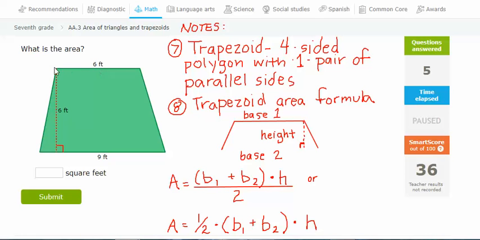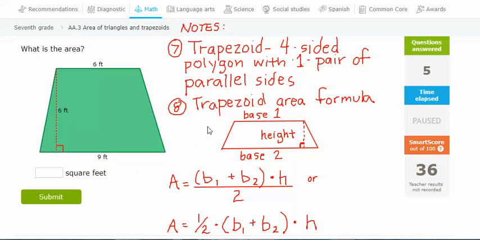So these two base lines, this is base 1 and this is base 2. All right, so the base 2 and base 1 lines are parallel. Those are the parallel lines.